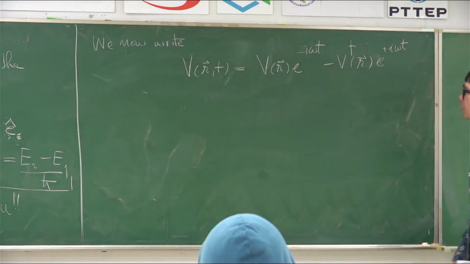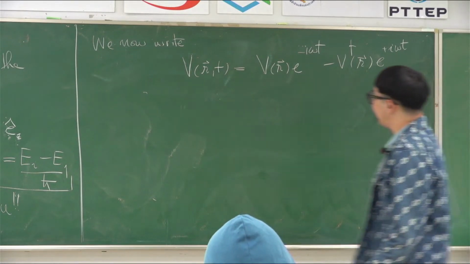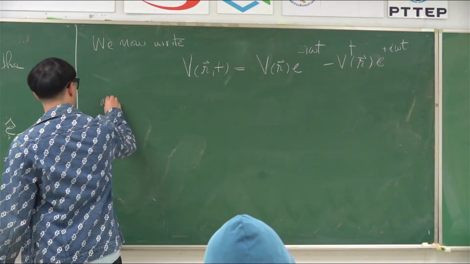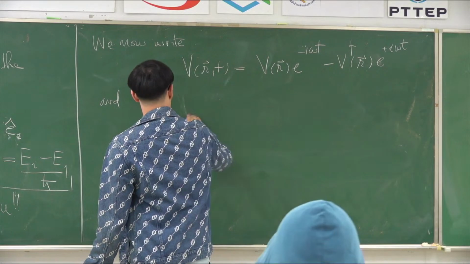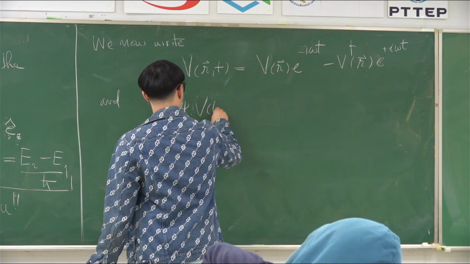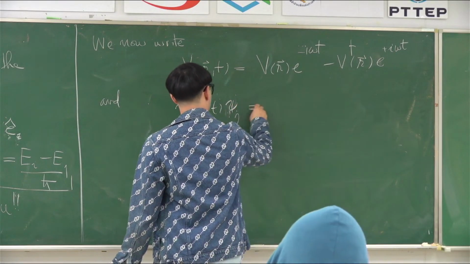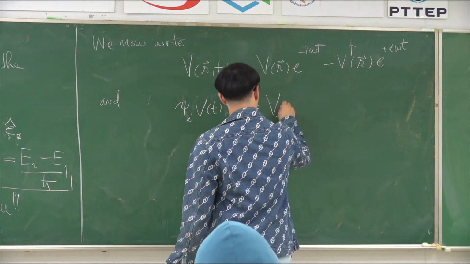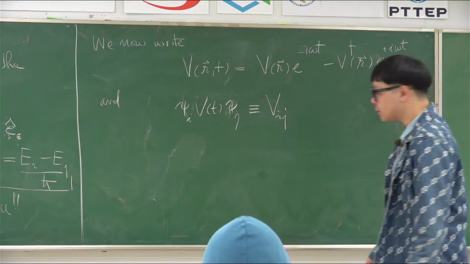Okay, so suppose that we have a potential in this form, and we're going to use this notation.